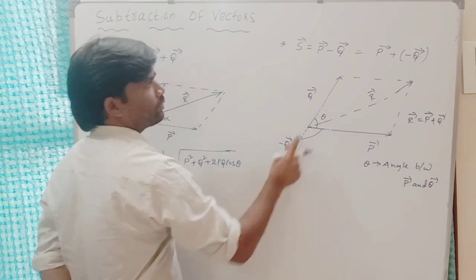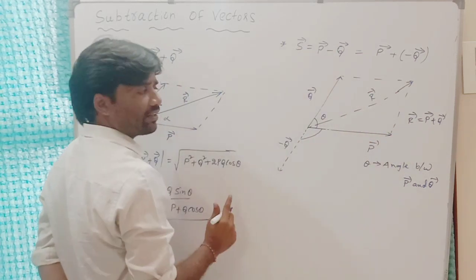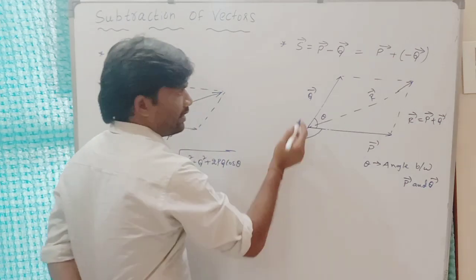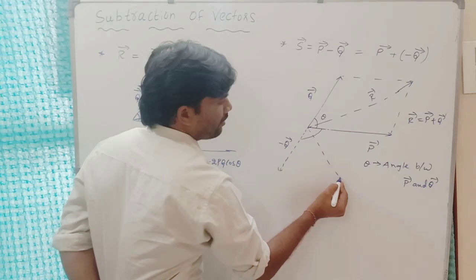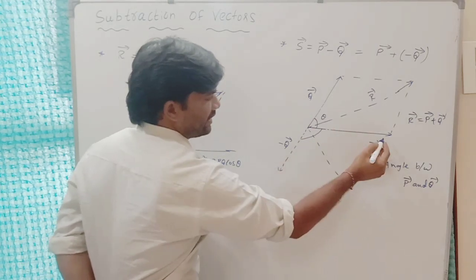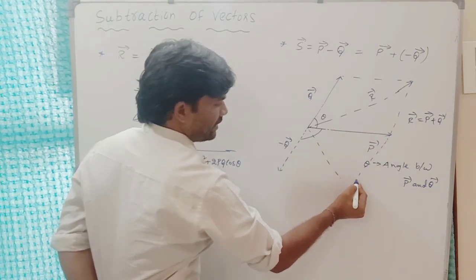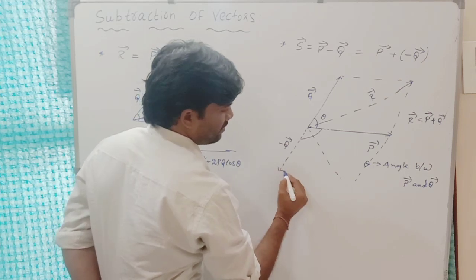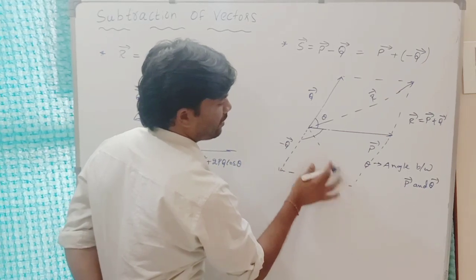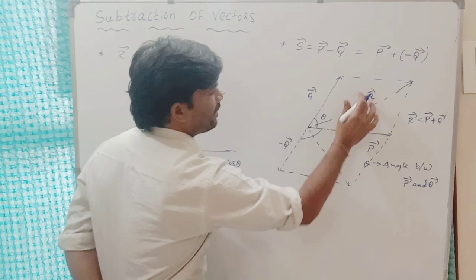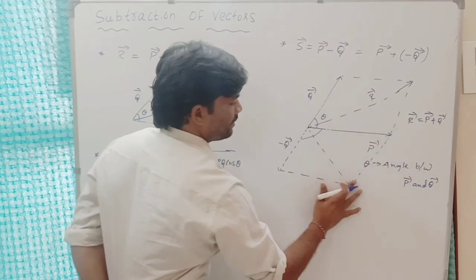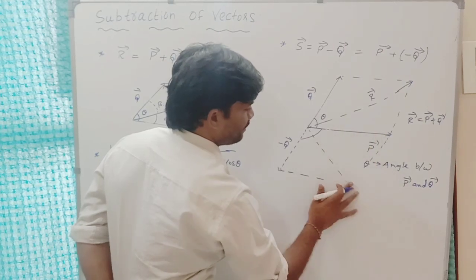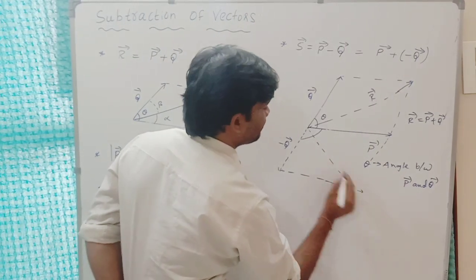Now the sum of these two vectors is this S vector. To get this sum, you can form another parallelogram with these two adjacent sides. You can see here, this is the parallelogram, symmetric to this one. Now this is Q, this is also Q. This is P, this is also P.